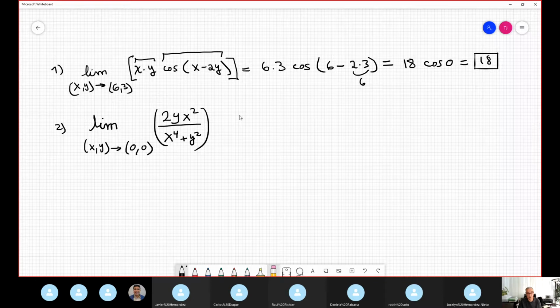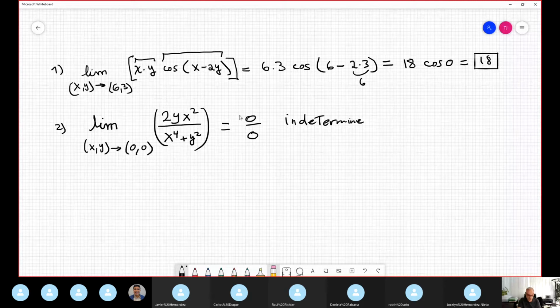It's obvious that when you plug in, it is 0 over 0. 0 over 0 is indeterminate. So indeterminate is synonymous with no solution. I don't find the solution. I need to do something in order to prove this.